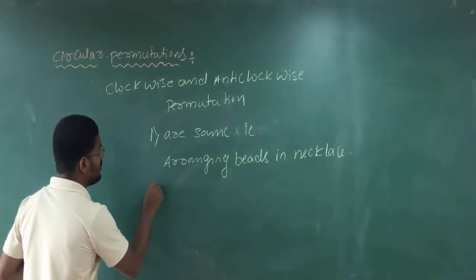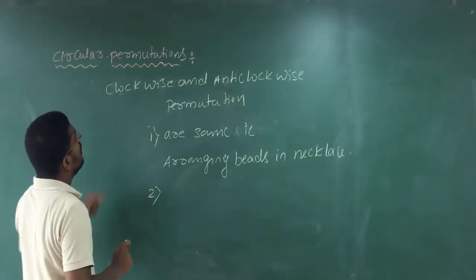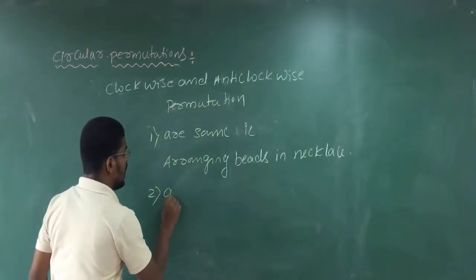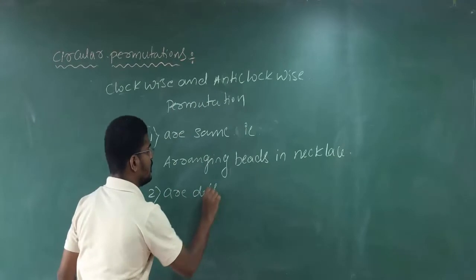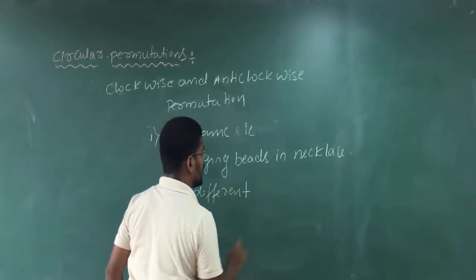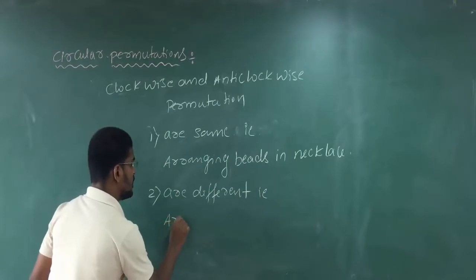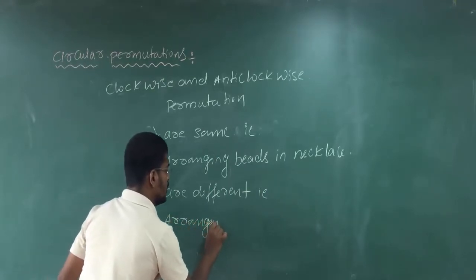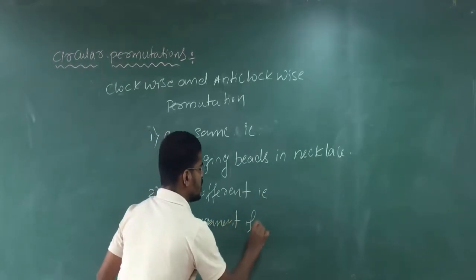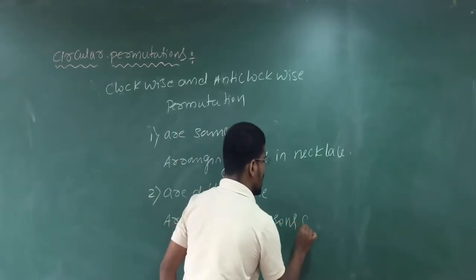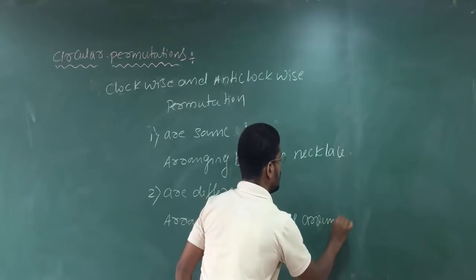But the second one is, clockwise and anti-clockwise permutations are different. For example, that is arrangement of persons around a table.